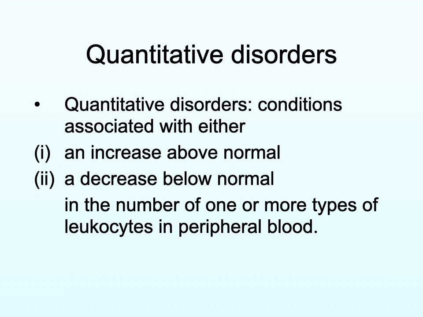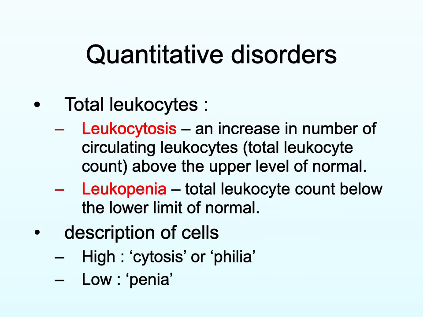Quantitative disorders are conditions associated with either an increase above normal or a decrease below normal in the number of one or more types of leukocytes in the peripheral blood. An increase in the number of circulating leukocytes above the upper level of normal is called leukocytosis, while leukopenia is when the total leukocyte count is below the lower limit of normal.